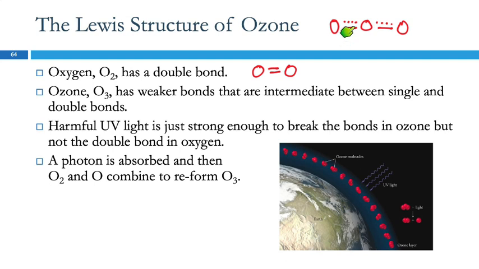But UV light does have enough energy to break this ozone bond. So when you break one of those bonds, then you get an oxygen molecule and an oxygen atom. And it has absorbed that UV photon.